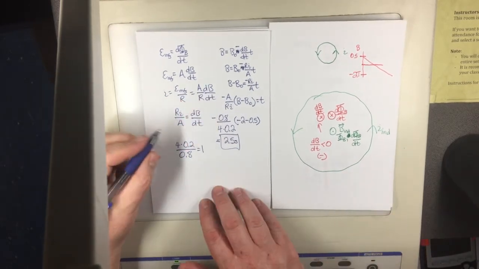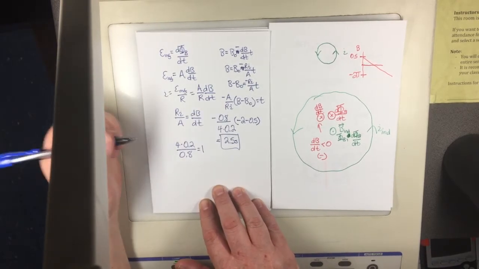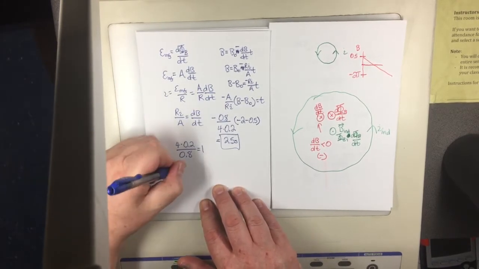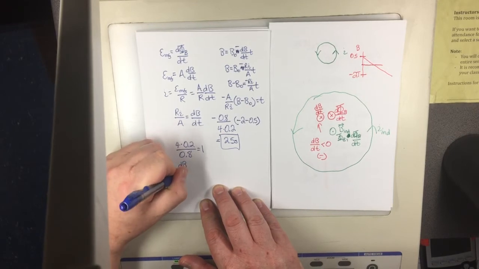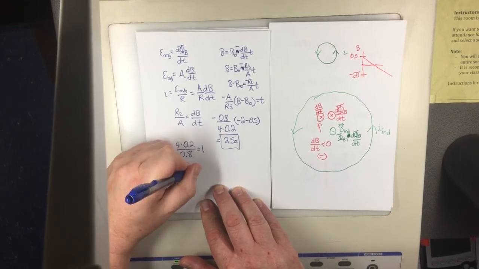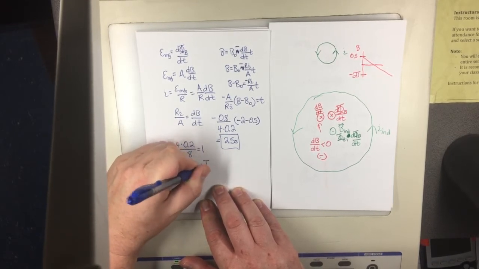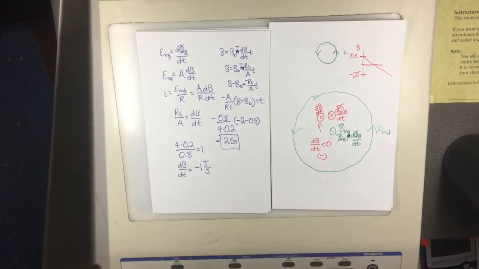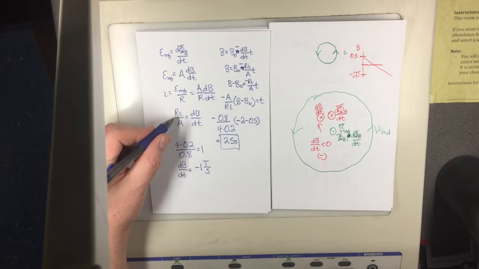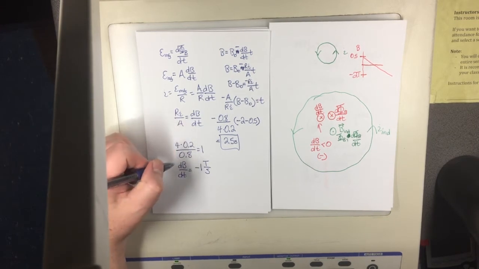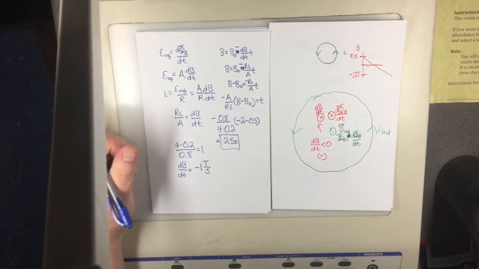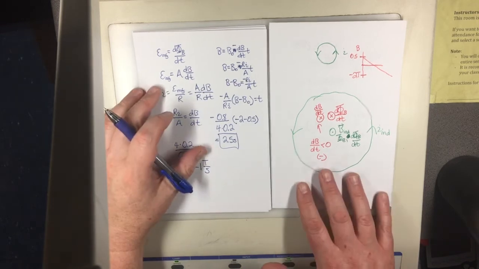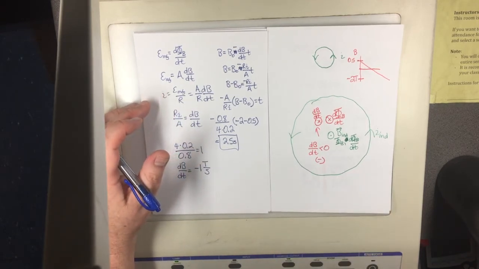That's the magnitude, and because the B field change is into the page, the dB dt is equal to minus 1 Tesla per second. What number did you just plug in right there? That's R 4, I is 0.2, area is 0.8. And then you get that. Area given? Area is given, yes.